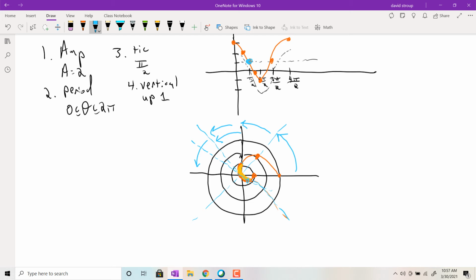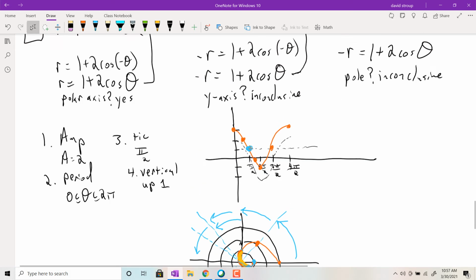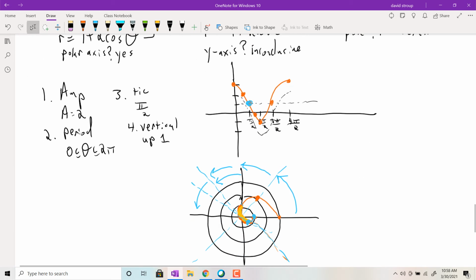Okay, so it's going to be like over here, and then it's going to curl all the way up to -1 at pi. Okay, and then because it has that symmetry, that polar axis symmetry, it's just going to double over on itself. So it's going to kind of curl back around and then increase back to 1 and then go like this.